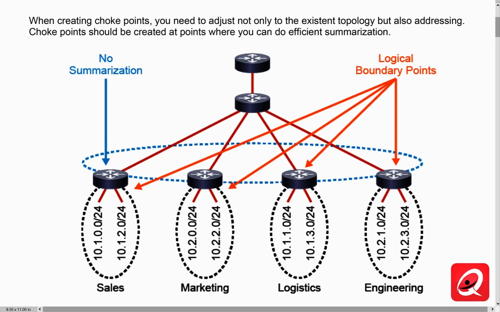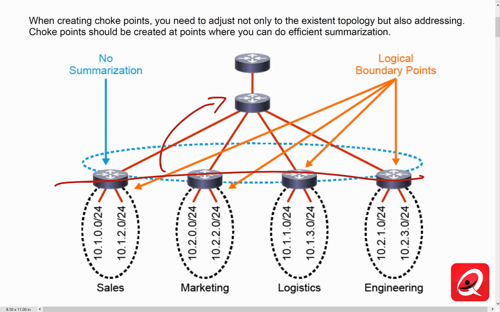So instead, we might change the summarization point from this point here, which is not possible in this topology, and shift it up to this router here. Certainly we can do summarization on this router going up because we have contiguous blocks at that point. So that's something to consider.